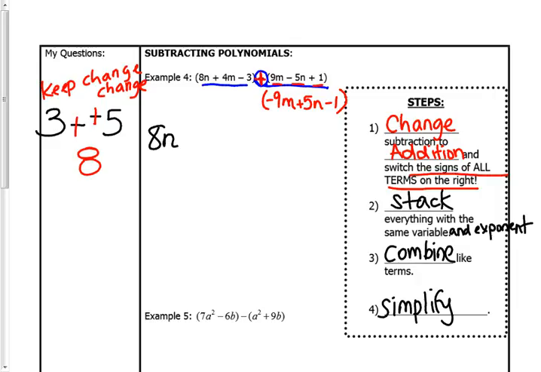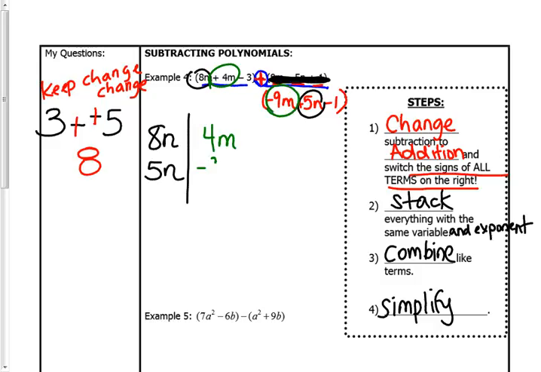Do I have any other term that has an n in it? So if this is my 8n, I also have, if I look here, remember I changed this, right? So I kind of want to cross that out, so I don't want to confuse myself. So since I changed the signs because of that, the other n that I have is this positive 5n. Okay, then I see my 4m. If this is a 4m, the other term with an m in it is this negative 9m. So I want to stack those together.